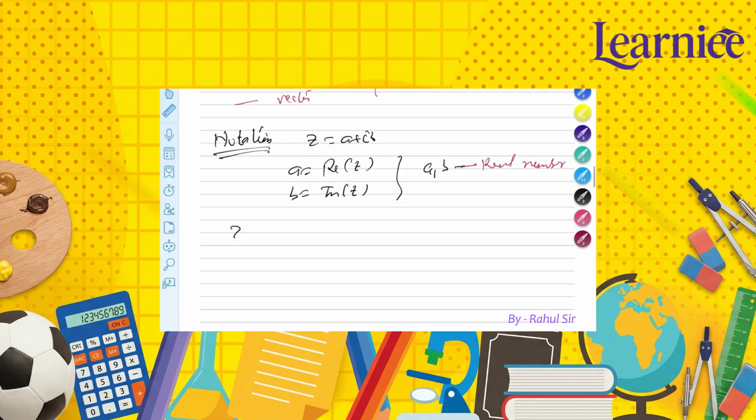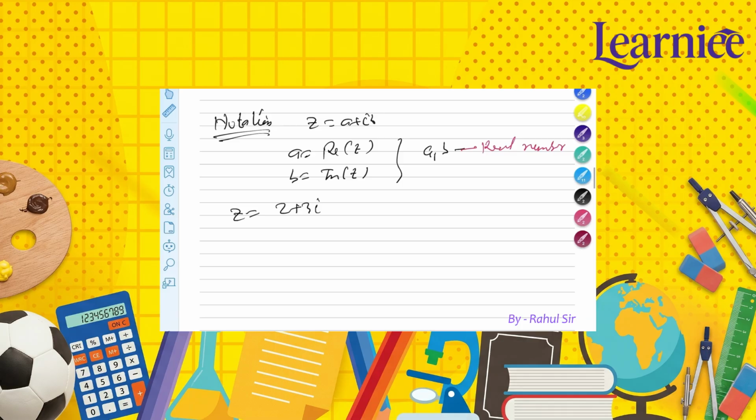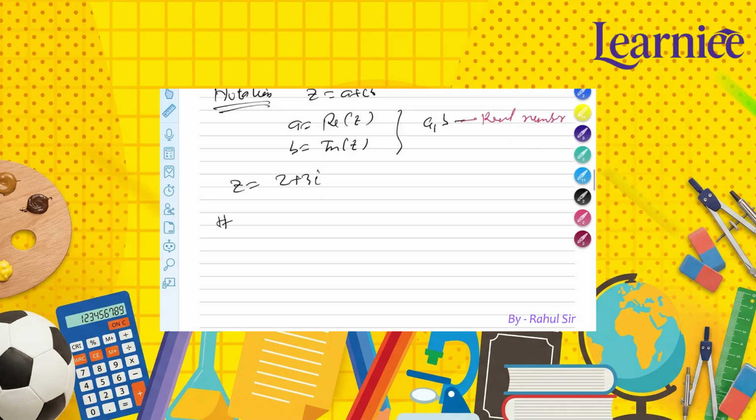For example, let's say z is equal to 2 plus 3i. This is a complex number. If we have a complex number that is just a, so there is only a real number, this is called a pure real complex number.